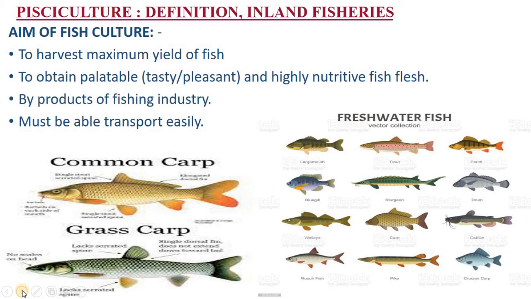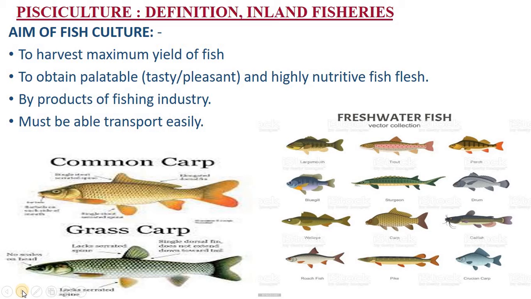We use the animal resources for the increase of human wealth. Time and again man is exploiting so many aspects, and exploiting animals forms a separate branch of economic zoology. So we are dealing with animals to increase the economy of man, utilizing animal resources to increase the wealth of man.